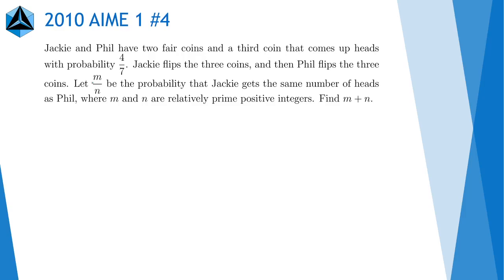So let's find the generating function for these coins. We're going to put it in terms of heads because we're trying to calculate the probability that they get the same number of heads. So we want to calculate how many ways there are to get x number of heads. In a fair coin, we either get tails, which doesn't contribute to our count of heads, so it just contributes 0, which is x to the 0, which equals 1.